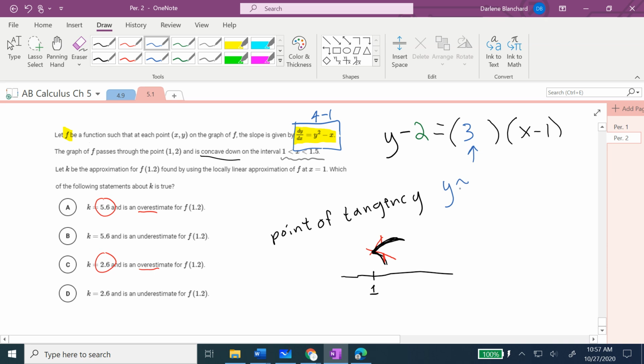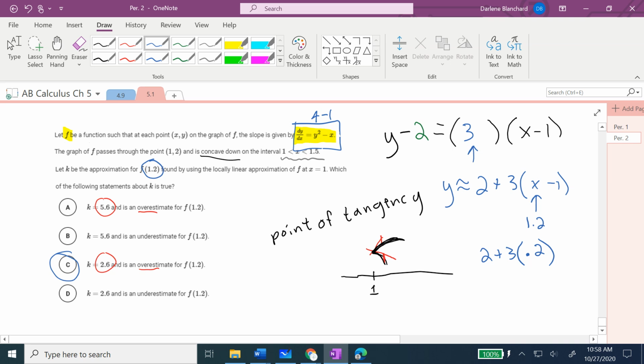And now I know that my y is approximately, add the 2 over, 2 plus 3 times, oh, I didn't put the x, oh, x minus 1, where we are approximating 1.2. So I'll plug into that x 1.2. 1.2 minus 1. And then I can see that it's 2 plus 0.6 and get the correct answer.